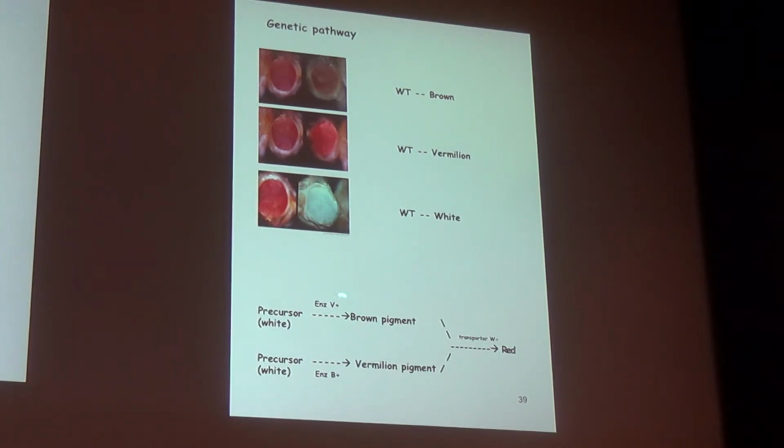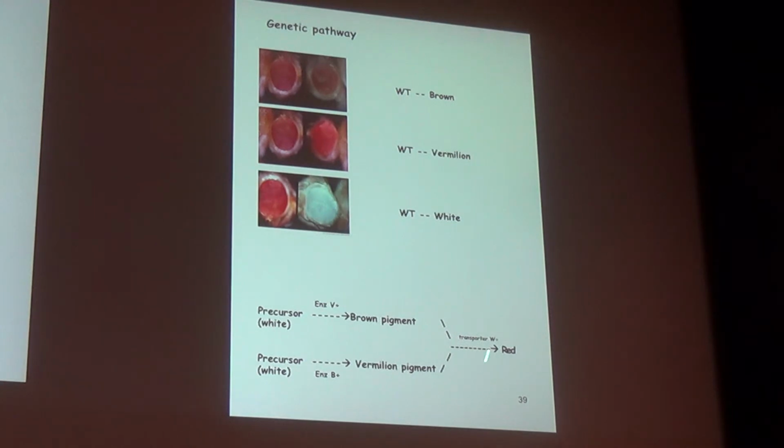So a mutation in this enzyme in this pathway gives you vermilion colored eyes, so they label this enzyme B for vermilion. Okay, so it gets a little complicated. It's just nomenclature. I could have called it A and B, or B and C, or whatever. So don't freak out about it. But a mutation here will make the eye look vermilion. A mutation here in this pathway will make the eye look brown.